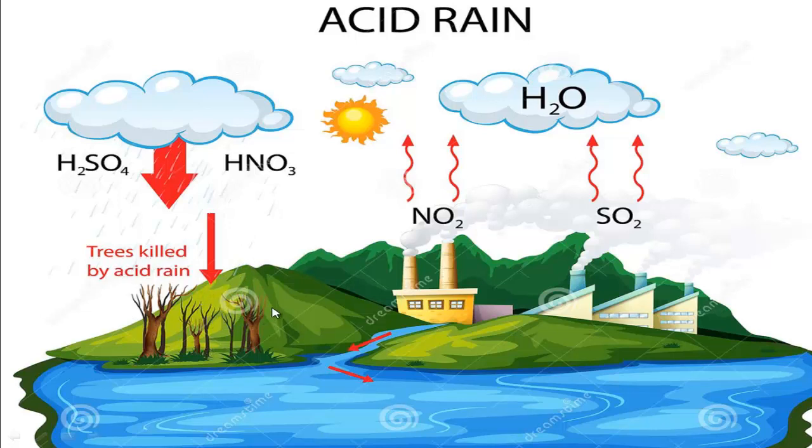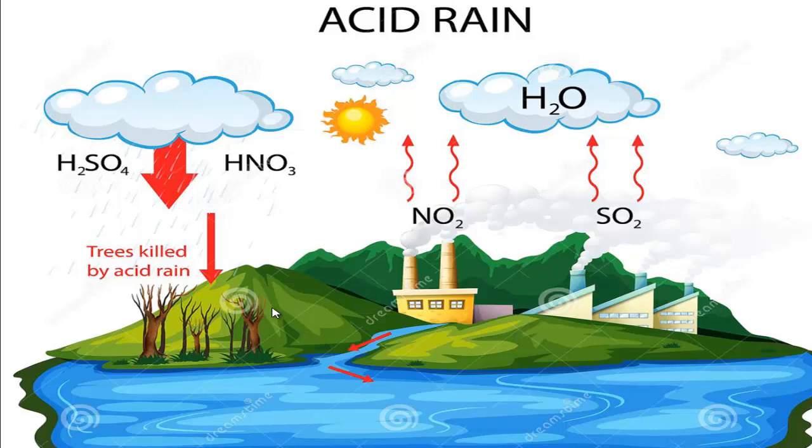Not only trees killed, already you have known acid rain also has a bad effect on the soil for cultivation, and acid rain also has a great effect on costly statues, monuments, and different artistic structures, which are mostly costly and are already damaged.